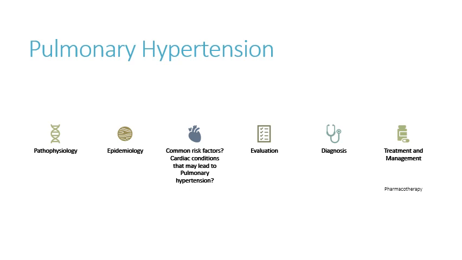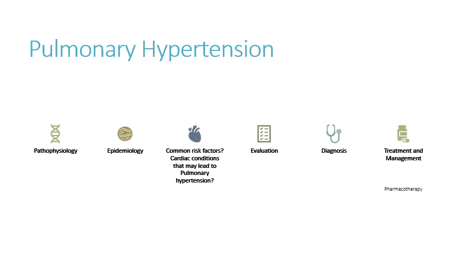It's very common to hear a loud second heart sound, and also you would see that the patient will have jugular vein distension and edema. So pulmonary hypertension can lead to right ventricular dysfunction or right ventricular heart failure.